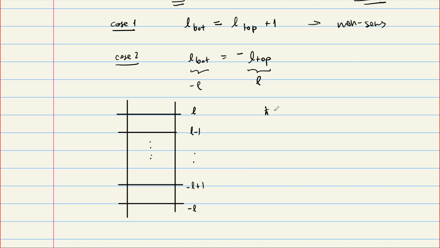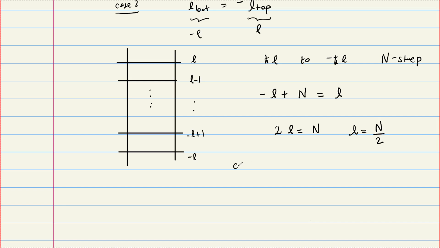So h bar L to minus h bar L, let's call it n steps or n rungs. That means if I start at minus L and take n steps, I should reach plus L. But this means 2L is equal to n, or L is equal to n over 2.